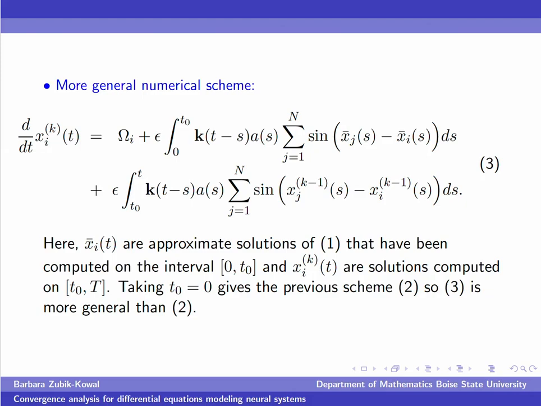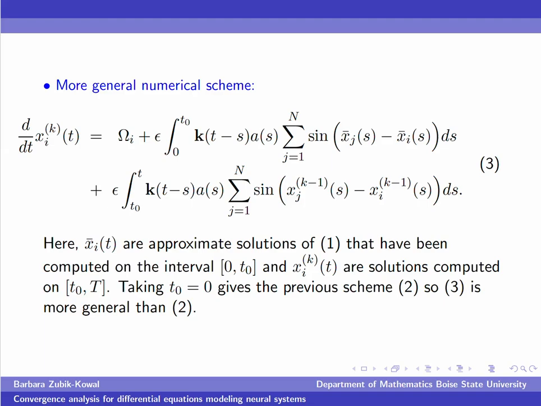Now, together with scheme 2, we will also investigate this more general scheme 3, where x bar represents any solution computed over the interval from 0 to t0. If t0 equals 0, then the first integral is equal to 0.